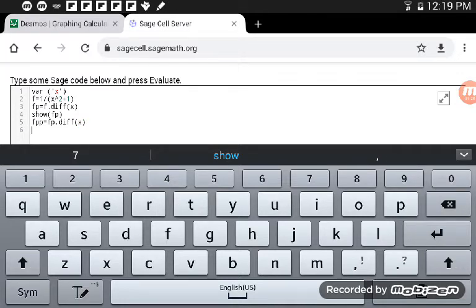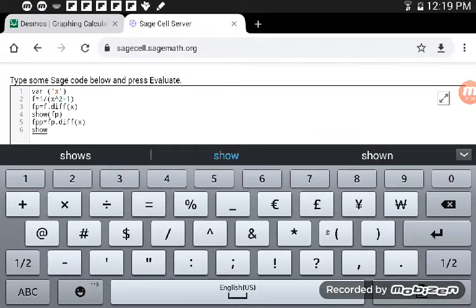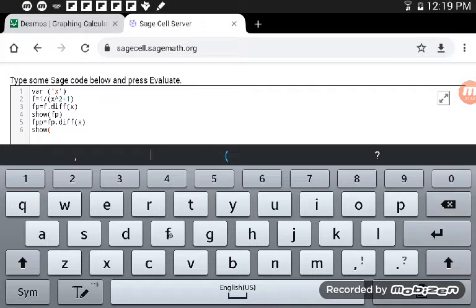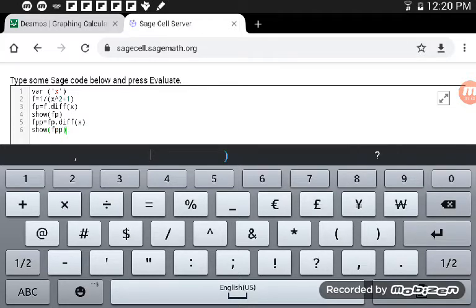So show. The nice thing about show, you can also use print, but show makes it typeset a little nicer. Show f double prime, and close that parenthesis. And while we're at it, since I'm here, we'll go to triple prime.